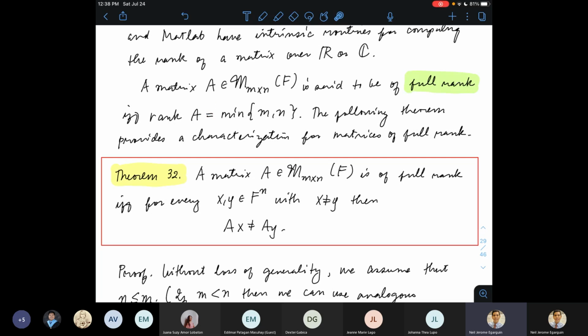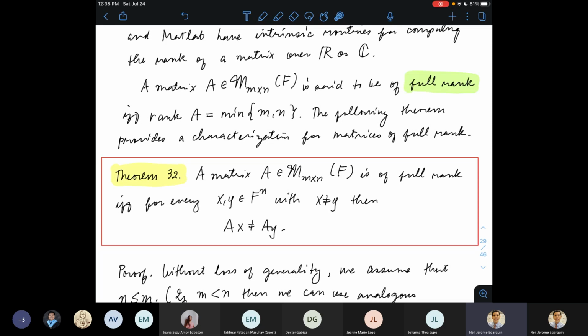But if it so happened that a matrix A attained the highest possible rank, nakuha niya yung pinakamataas na rank, which is the minimum between m and n, kung ano yung mas maunti sa rows or columns, then we say A is a full rank. So full rank siya kapag ang rank niya ay yung pinakamalaking posibleng rank ng isang m by n matrix, which is the minimum between the number of rows and the number of columns.